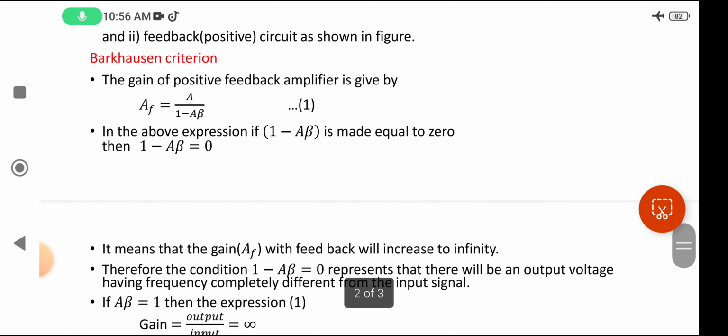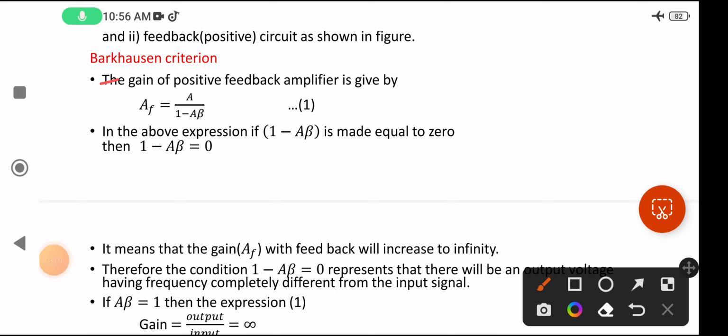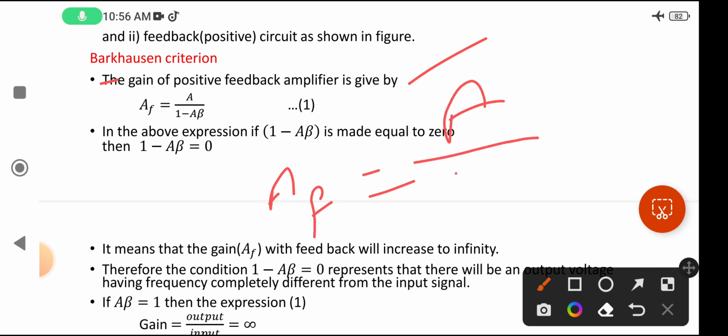Next, Barkhausen criteria. The gain of a positive feedback amplifier: generally we write Af = A / (1 - Aβ) for positive feedback. For negative feedback it must be plus here. That is the only difference between positive and negative feedback.